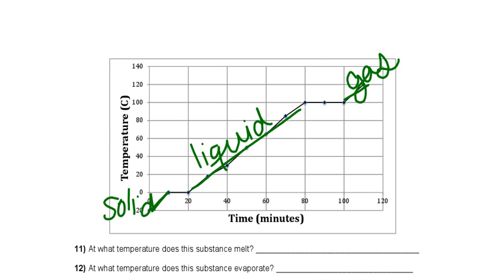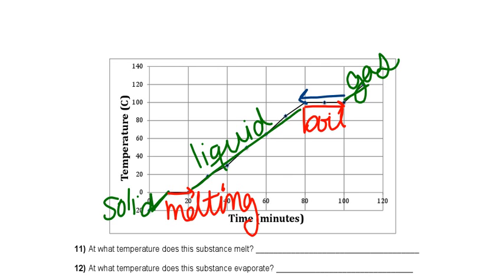As we're adding heat, this is melting. We're adding heat. Our liquid is going to vaporize or boil into a gas. If we're cooling our graph, our gas is going to condense. And if we continue to cool our graph, our liquid is going to freeze.